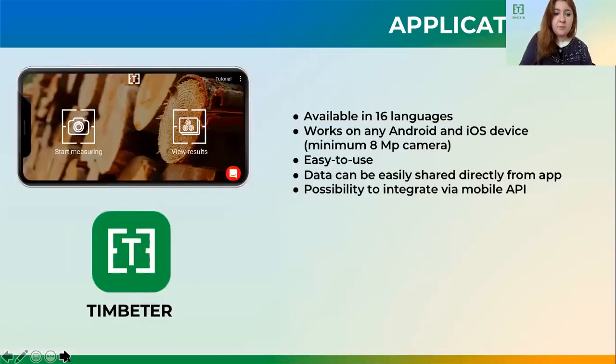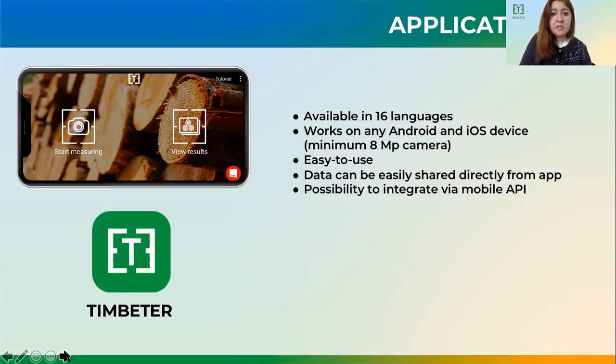So, just to sum up, that was the information about Timbeter's application, with the help of which all the measurements are being made. The application is available in multiple languages, and it's really easy to use and also easy to launch, because basically it works on any Android or iOS device, and the minimum requirement is an 8-megapixel camera, to make sure that all the measured objects will be captured correctly.